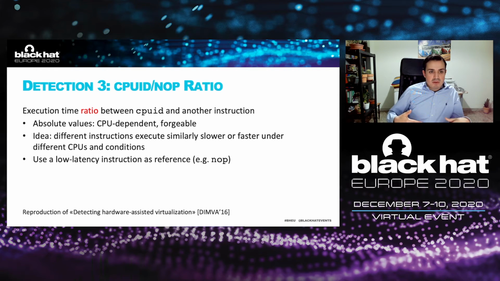We make different measurements, and we compare the execution time ratio. Because the absolute times can change between different architectures and can be forged, but the ratio is more reliable. And you can compare CPUID to some low latency instruction. We use NOP, just like the others.